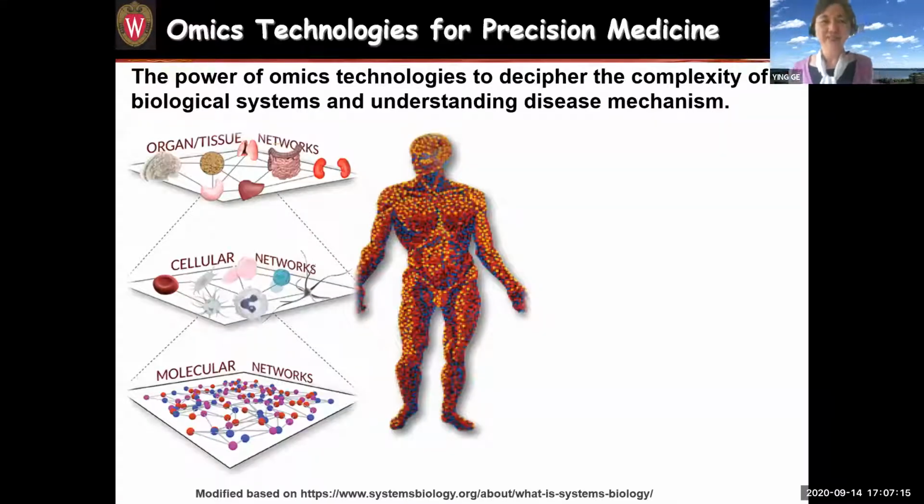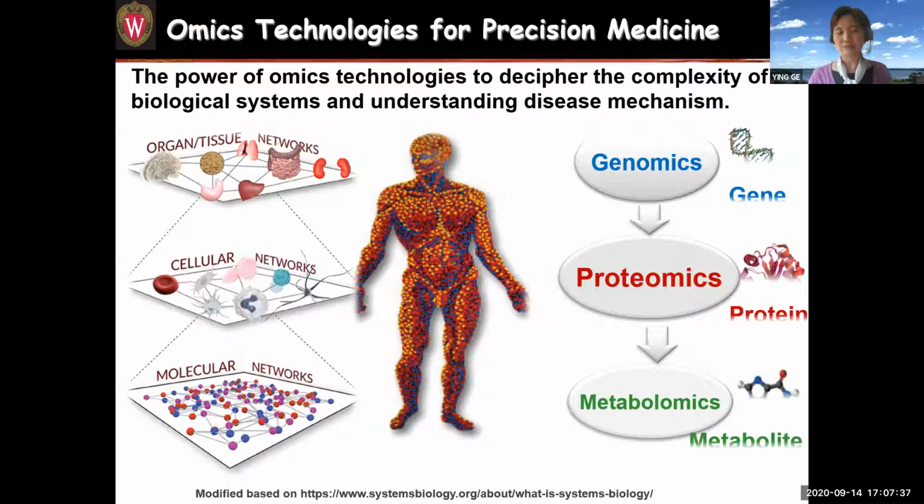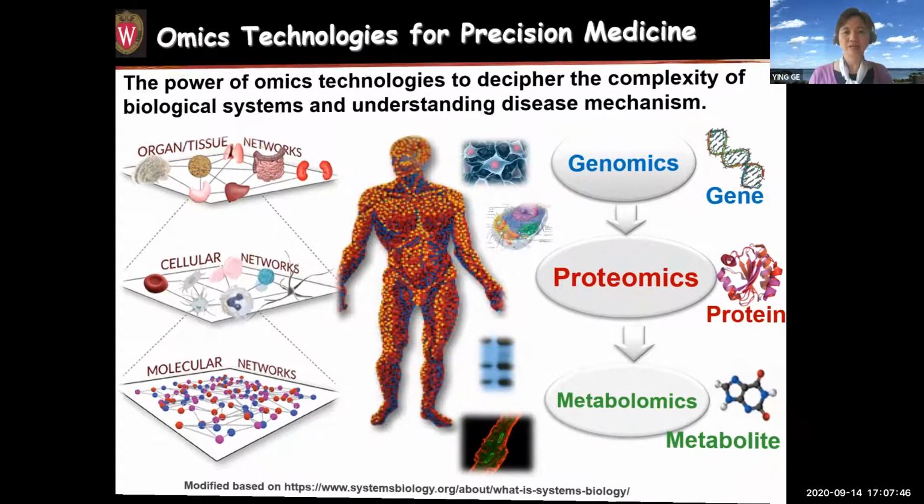We're fascinated by developing these omics technologies for precision medicine because we believe this is really powerful to decipher the complexity of biological systems and understand disease mechanisms at the organ, cellular, and molecular level. So our goal is to integrate the omics, mainly proteomics and metabolomics, with in vitro and in vivo functions to better understand disease mechanisms and also for better diagnosis.